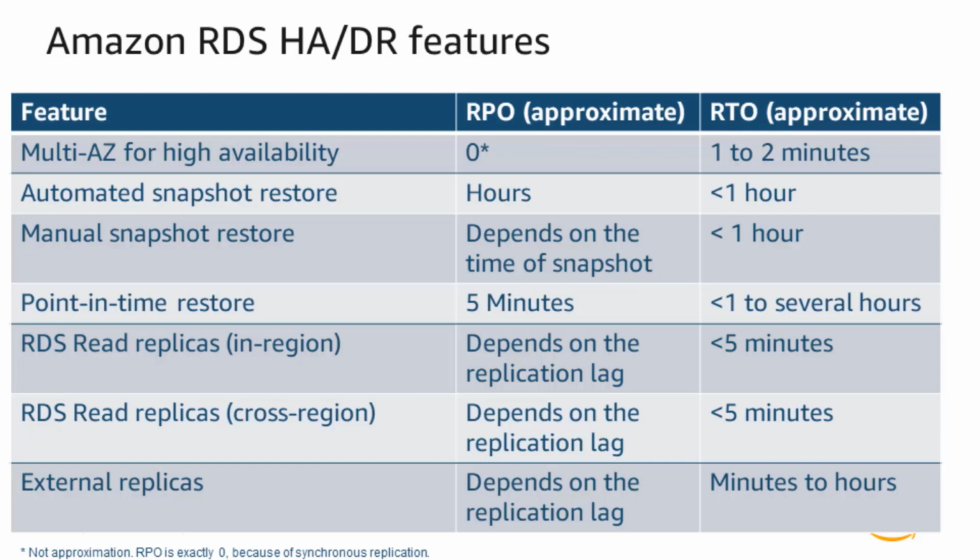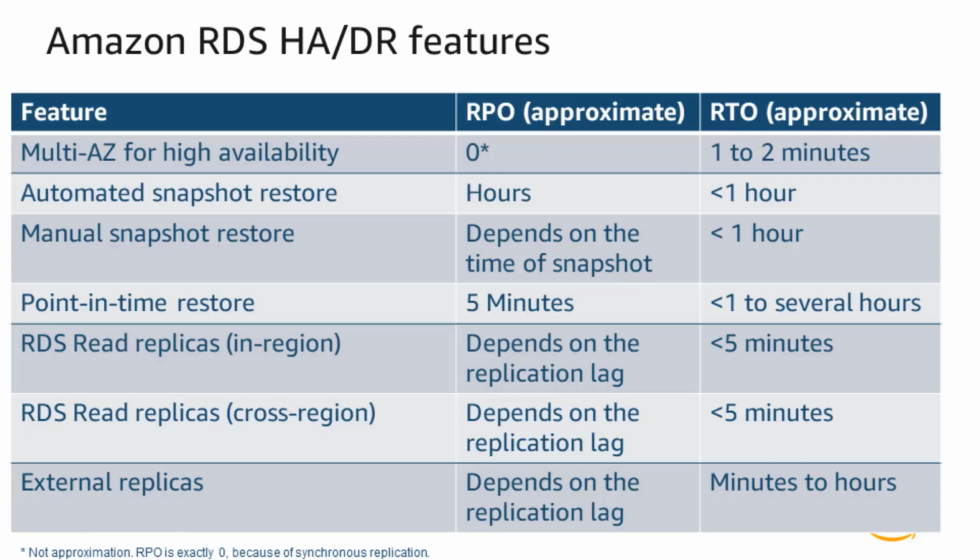So point-in-time restores use those binary logs to replay on top of your snapshots. That's why RPO is 5 minutes, and RTO is less than a minute to several hours, because it depends on when you last had a full backup. So the best recommendation, if you want to use point-in-time restores, is to frequently take manual snapshots, so that when you initiate a point-in-time restore, we can take the latest backup and then apply the binary logs on top of it.